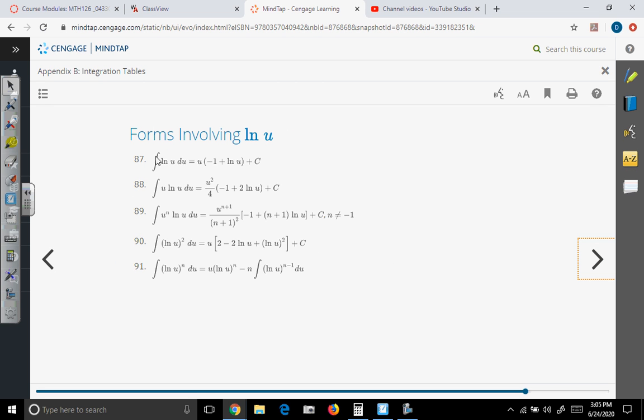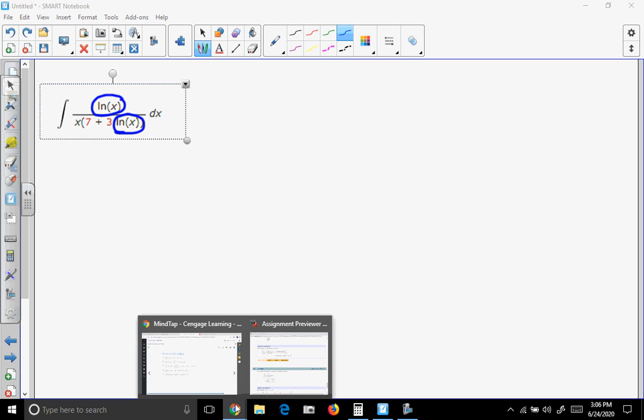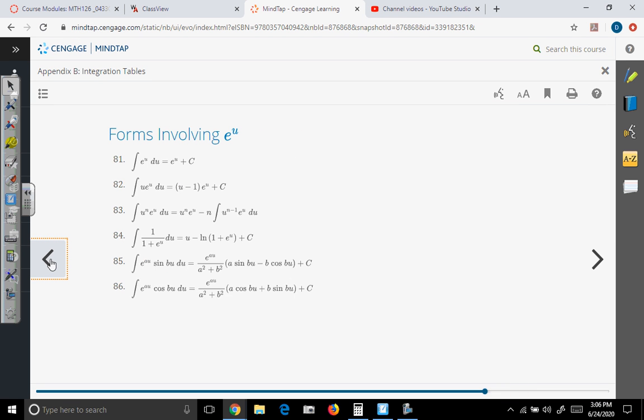Notice if we look at the ones involving natural log, well, we don't have one with a fraction like that. But notice those things are the same, and we have one of them on top, one of them on bottom. So let's keep that in mind as we go back through some of this list.